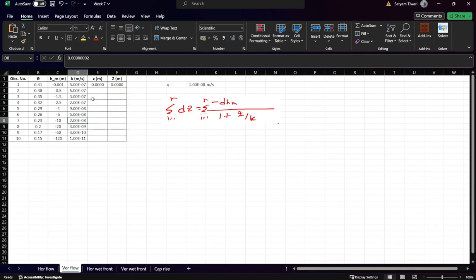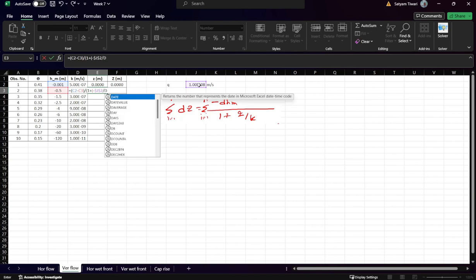These values we can delete, and now for the first Z value we'll write: what is the change in head, that's going to be the first value minus the second value, and divide by 1 plus Q upon K. The value of Q is here, so I'll write it as minus Q, divided by the value of K, which is this value.